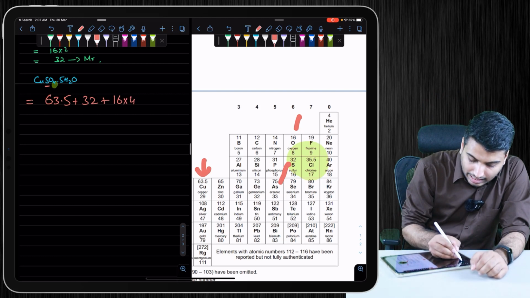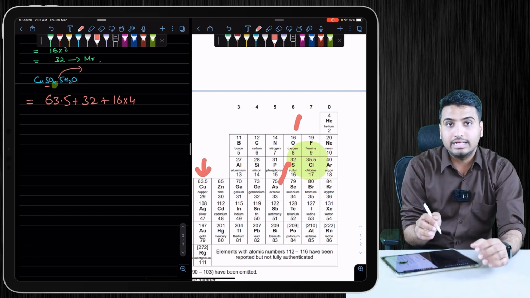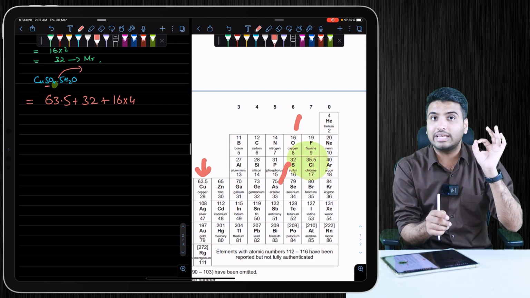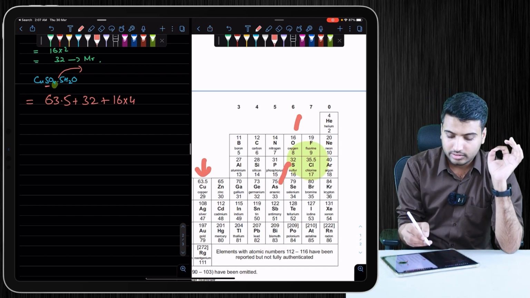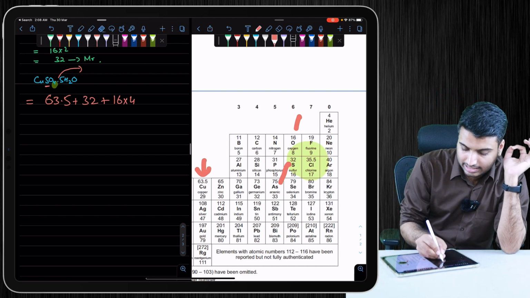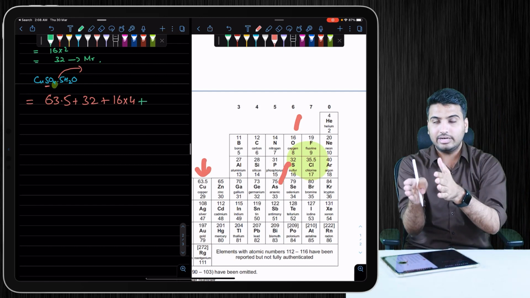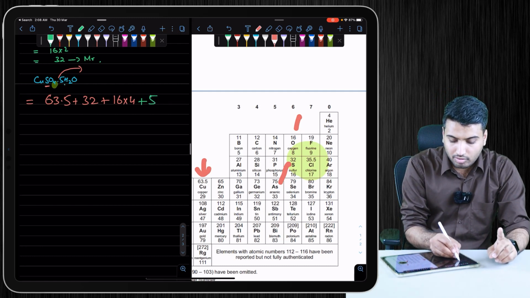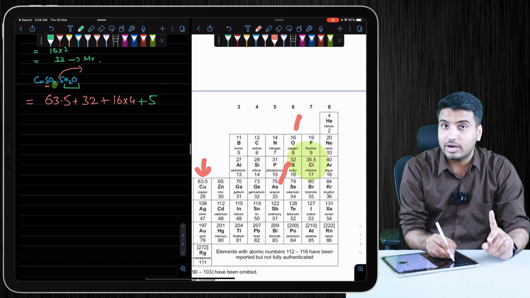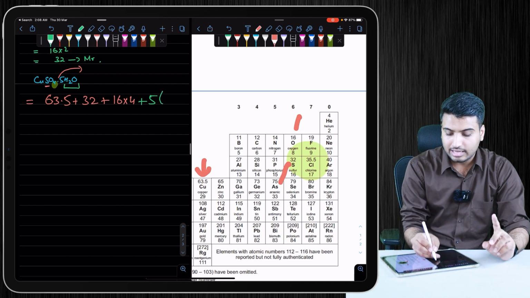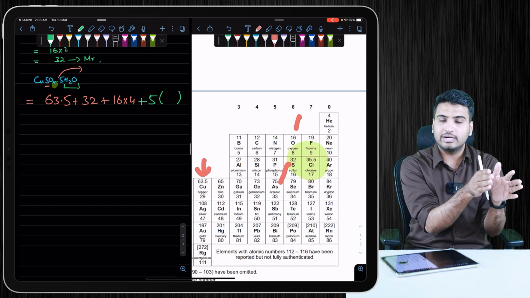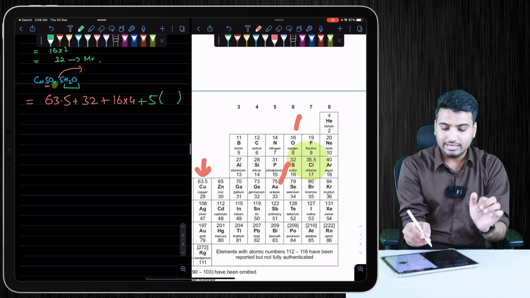Instead of the dot, always keep this very important point in mind: write plus, and afterwards whatever number is written, put that number. And for water, you need to calculate the Mr and write it inside the brackets.